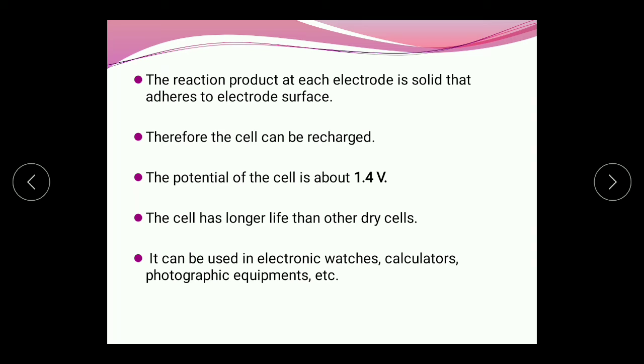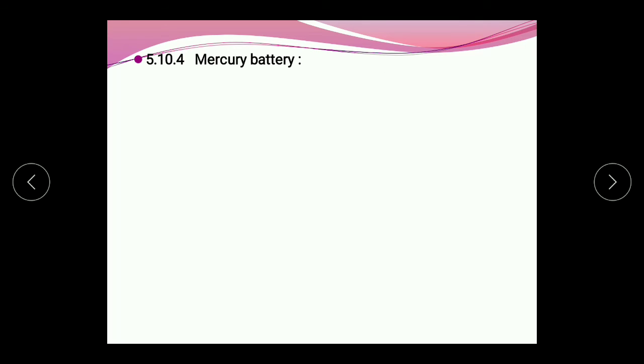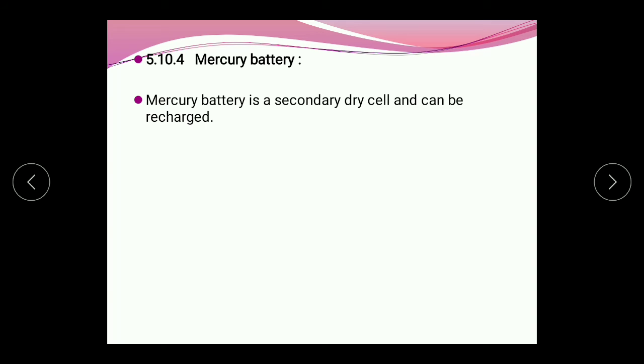One more dry cell is included in your syllabus and that is the mercury battery. As the name suggests, mercury is used in this cell, and this is again a secondary dry cell. Secondary dry cell means it can be recharged, and the products in the cell are also in dry state.